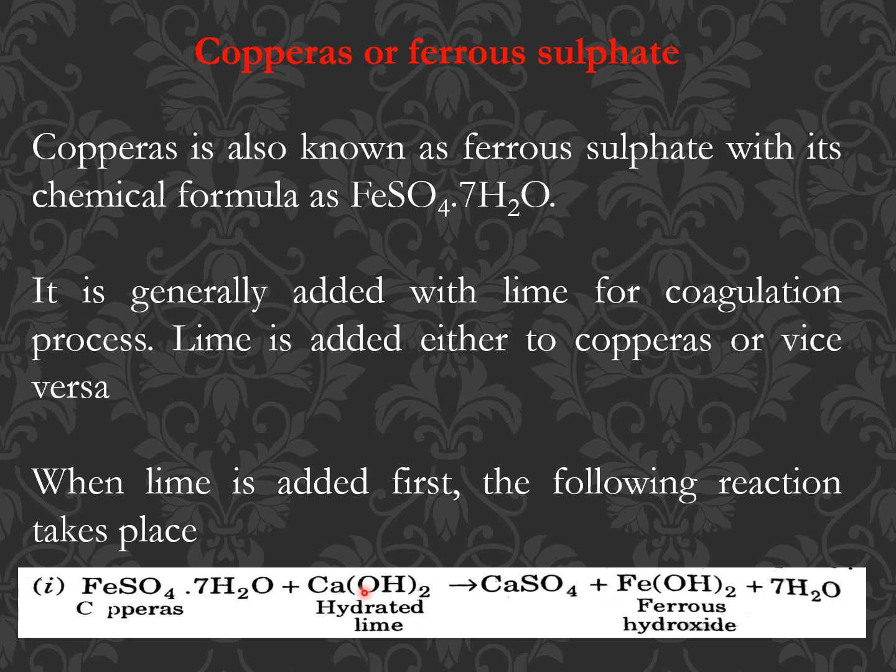So again we get calcium sulfate plus ferrous hydroxide plus water. This is the reaction that takes place when ferrous sulfate is added. The calcium sulfate creates hardness in the water: calcium sulfate hardness plus ferrous hydroxide plus 7H2O.